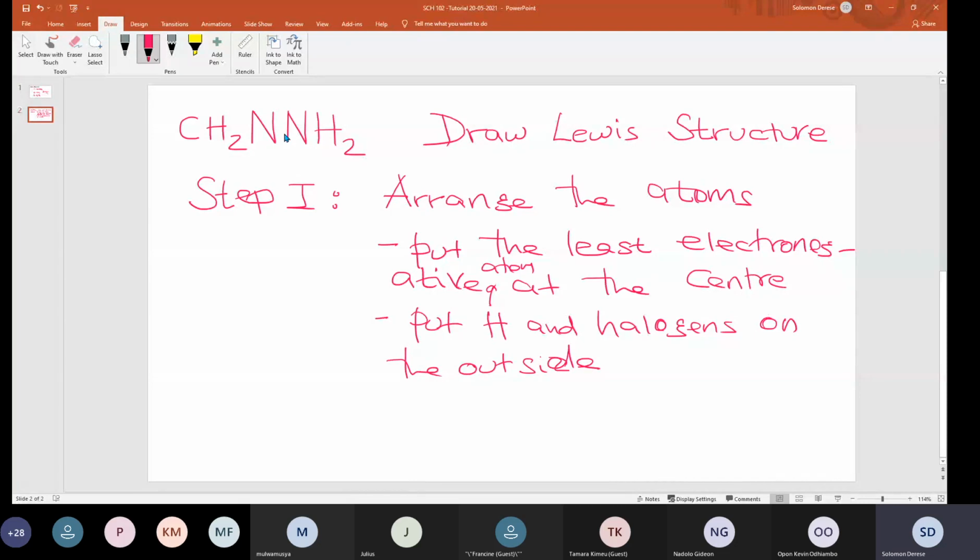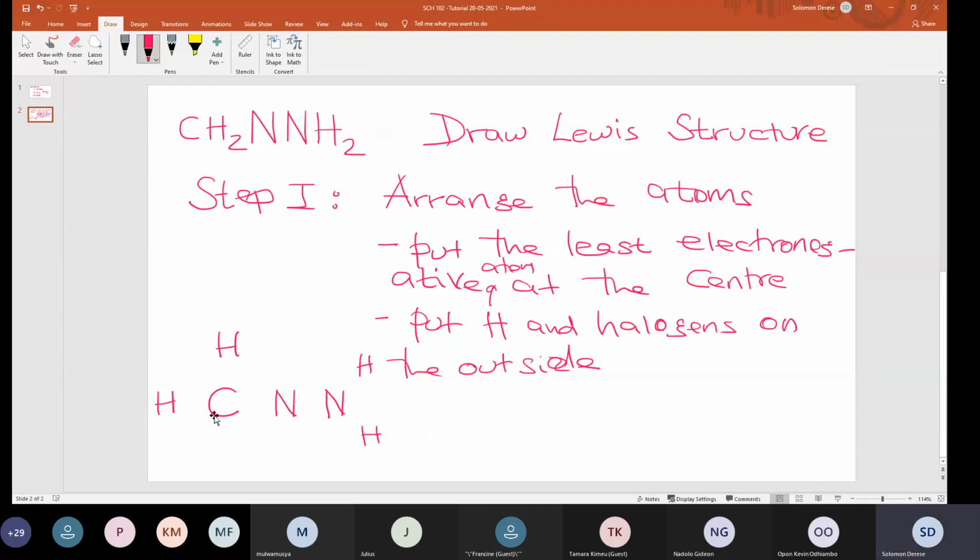So we put carbon, and around the carbon we have 2 hydrogens. Then we have a nitrogen, and next to that nitrogen, we have another nitrogen. Then on this nitrogen, we have 2 hydrogens around it. As you can see, the hydrogens are on the outside.